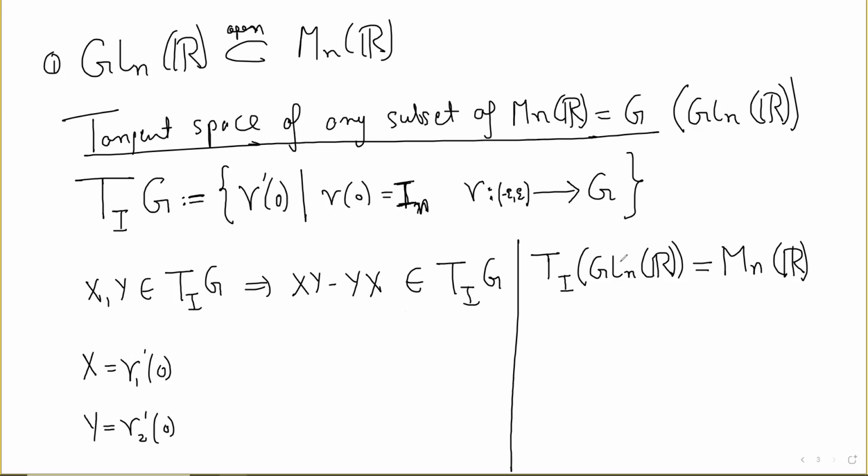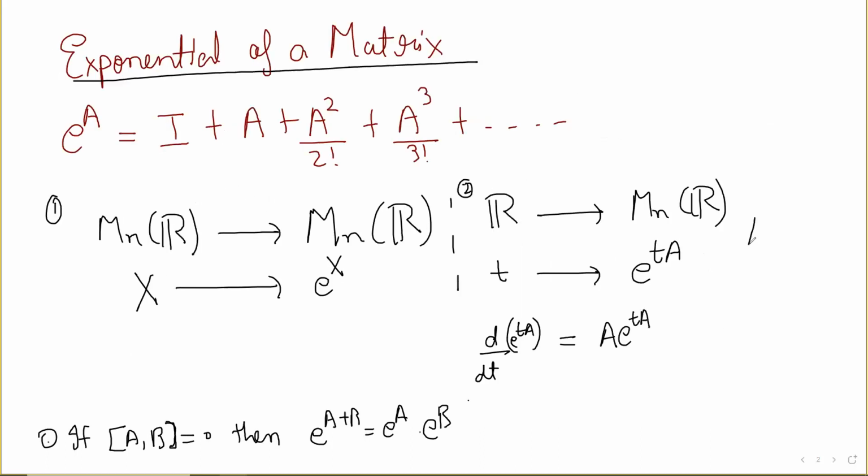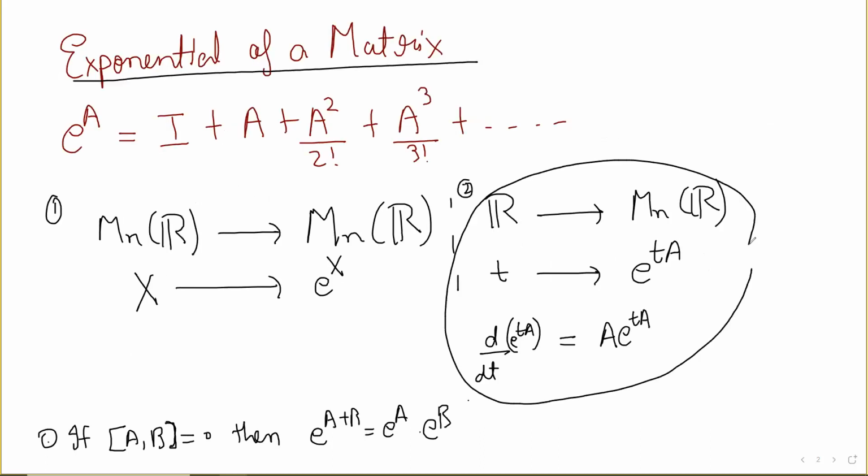So let's see, tangent space of GL_n(R) is M_n(R). You have to just use the previous thing, this one, right?